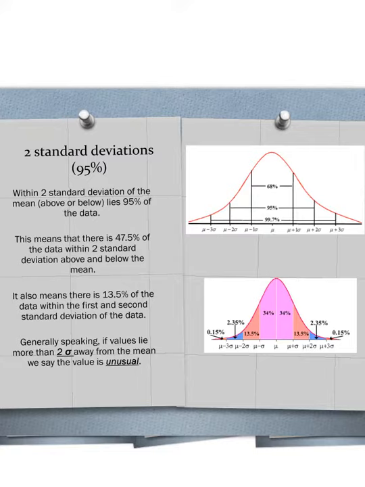Within 2 standard deviations of the mean, so now out here and out here, lies 95% of the data. And what that means now is that from the mean to the -2 standard deviations is 47.5% of the data.